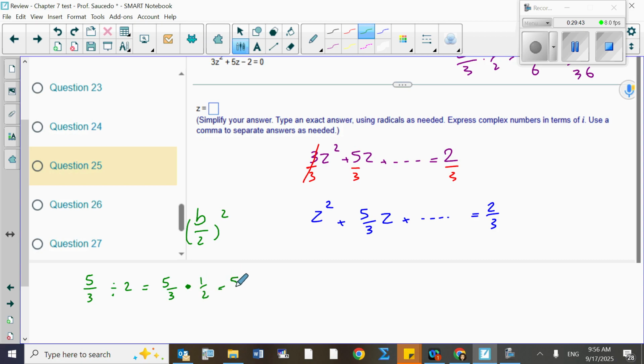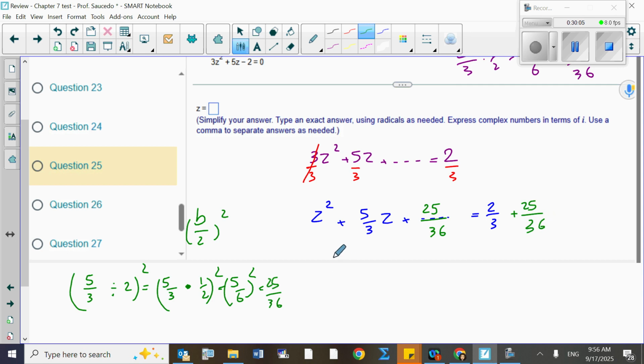So this will be 5 over 6. Now you raise that to the power of 2. That's 25 over 36. So 25 over 36 is the term that I'm going to add here, and I'm going to add that to the other side as well to keep the balance.